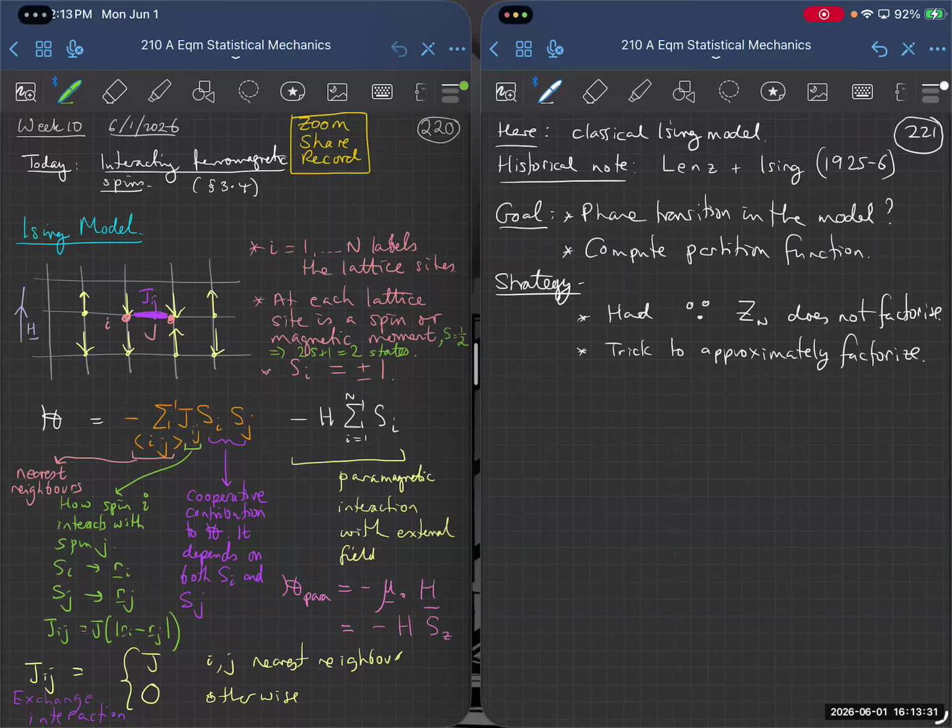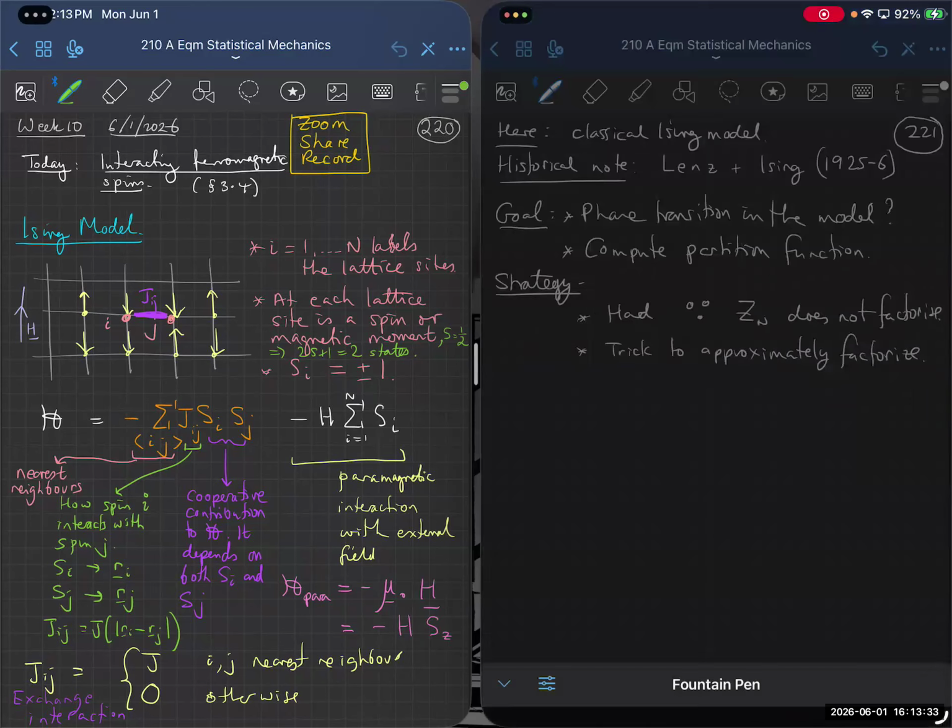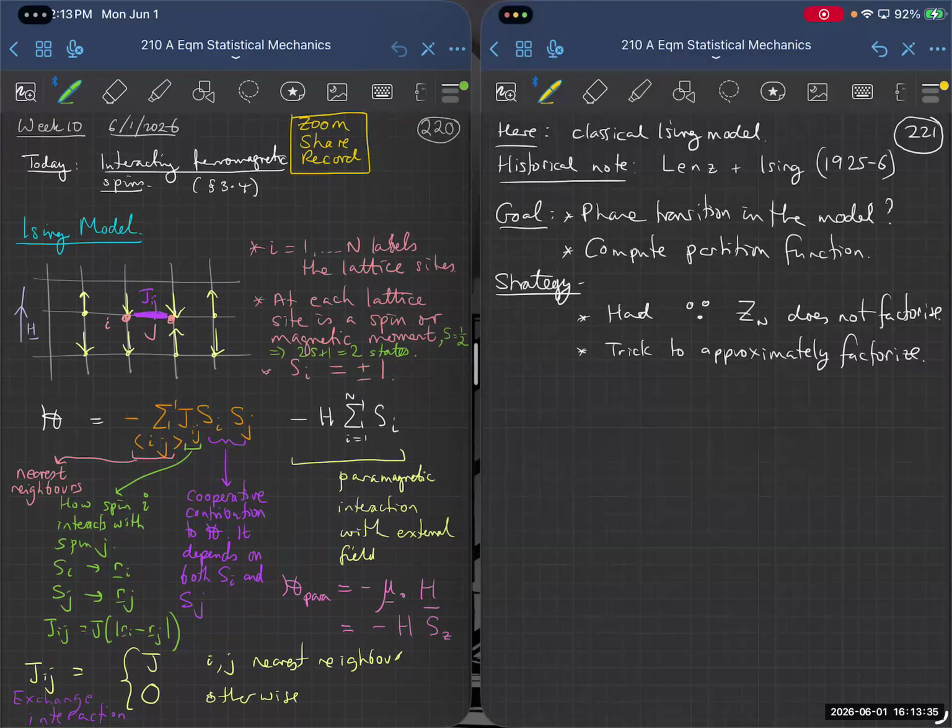So here is our trick. Basically, we're going to try to find an effective paramagnetic theory that emulates the interacting theory.